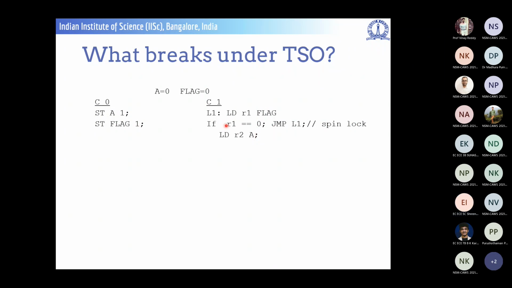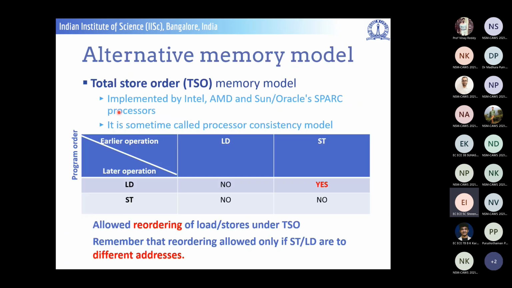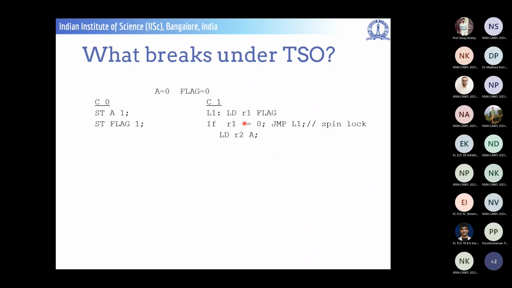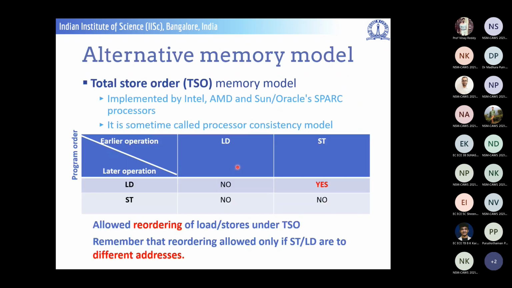So you see the requirement. This program would work as expected in TSO as well, because in the global memory order, that is visible to everyone, TSO would not allow the update to flag to become visible before the update to A. Right, the stores will still be ordered. Exactly. Also, load to load bypassing is not allowed too.